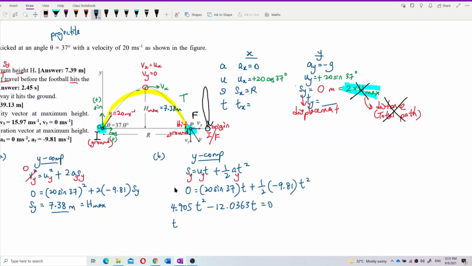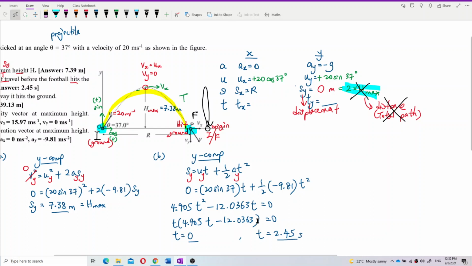So you can factorize out t: 4.905 t minus 12.0363 equals 0. The other time is t equal to 12.0363 over 4.905, so the answer is 2.45 seconds.